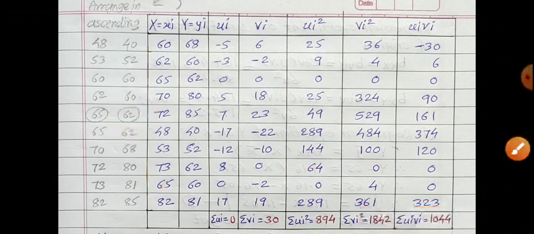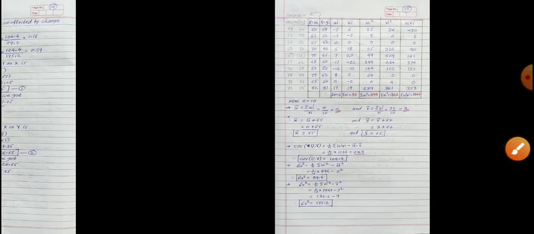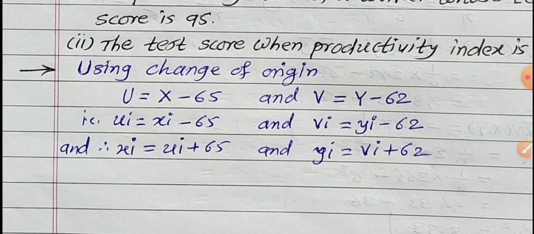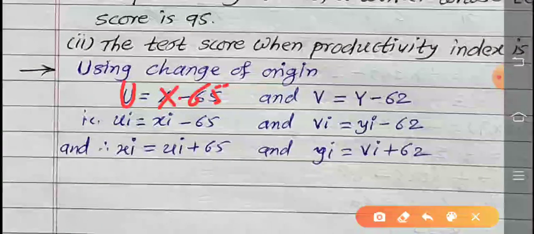So these values we select: for x the value is 65 and for y the value is 62. We write it like this. Using change of origin, we introduce one more variable, capital U equal to capital X minus 65. We consider this middle value.